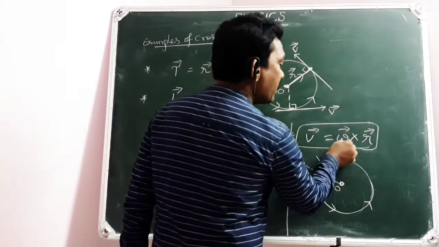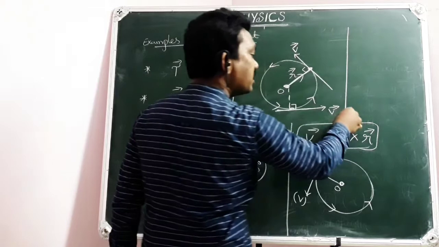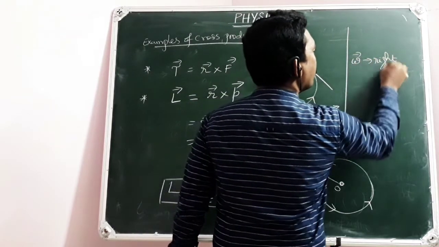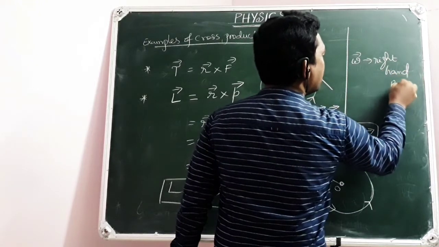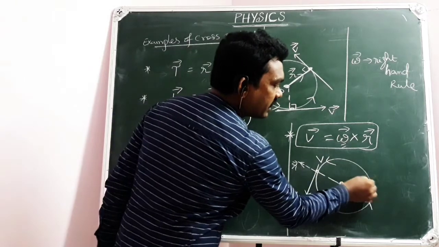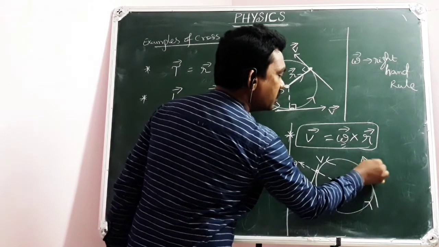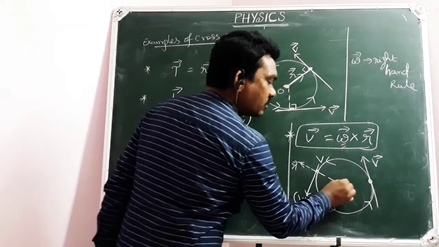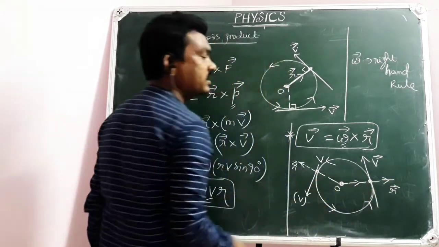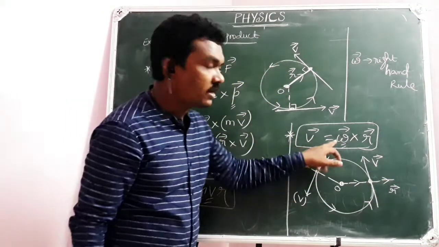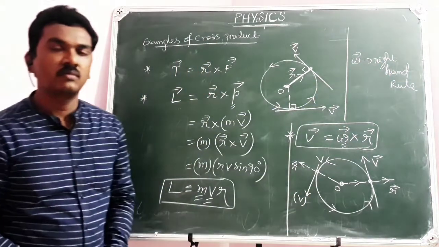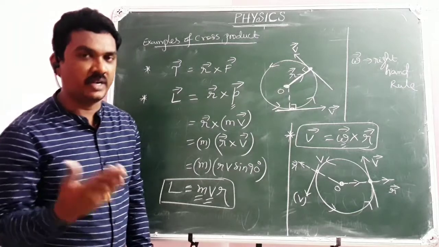The direction of omega bar will be given by the right hand rule. Velocity vector at any point will be given by the tangential line. Radial vector is always away from the center. Then what is omega bar? The angular velocity vector, whose direction is given by the right hand rule, which is an axial vector or pseudo vector.